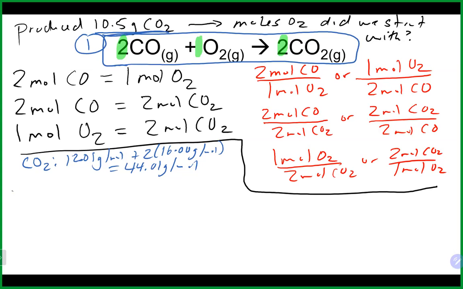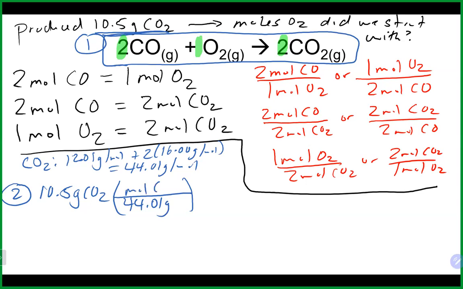So we take our 10.5 grams of CO2 and use the molar mass of 44.01 grams per mole of CO2. 10.5 divided by 44.01, and I'm not going to round too much because I'm going to continue on with the calculation, gives 0.23858 moles of CO2. First off, any questions on that?